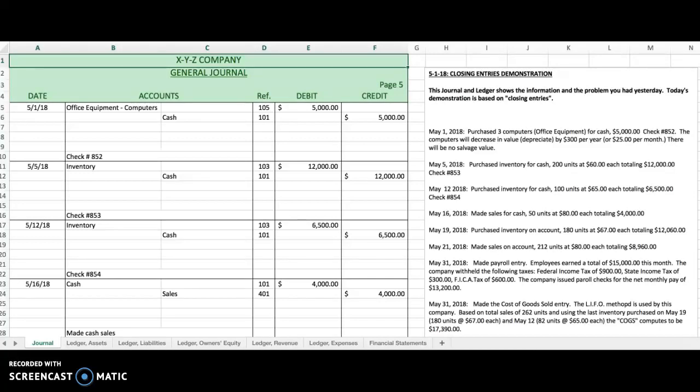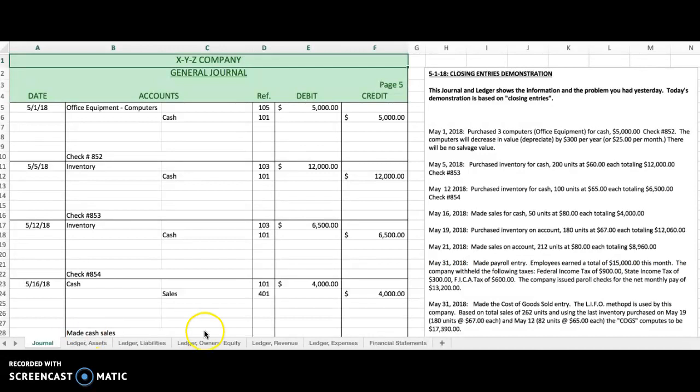Today we will get to the last part of topic 8, which deals with something called closing entries. On the screen, you see the problem you had yesterday. The XYZ company had a number of transactions that were journalized and then posted. So that was done for you.